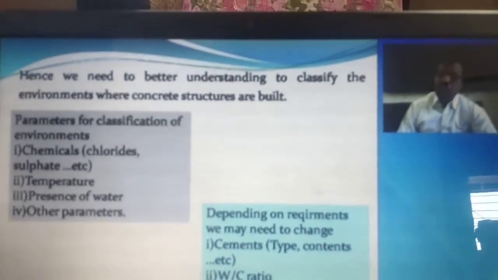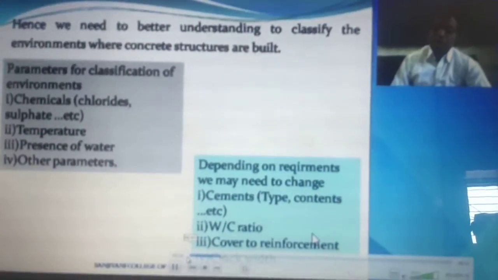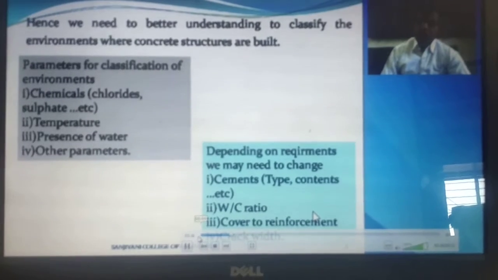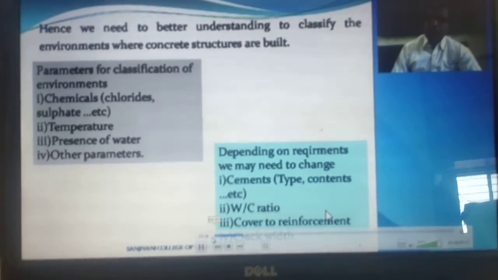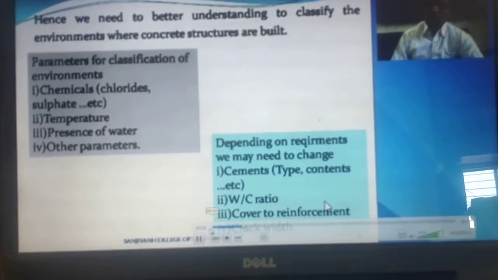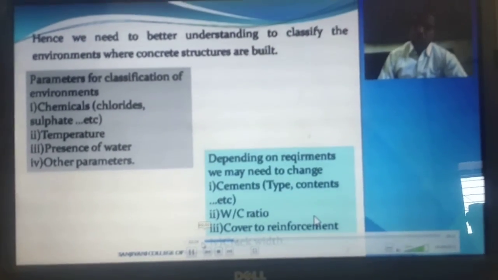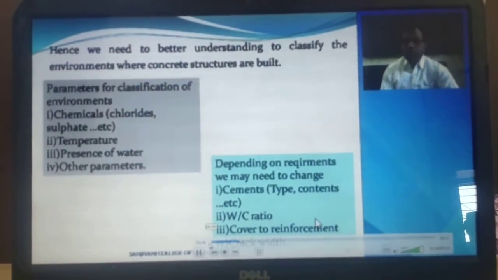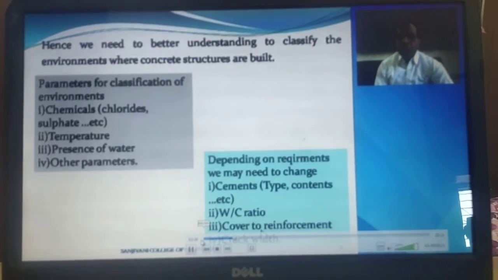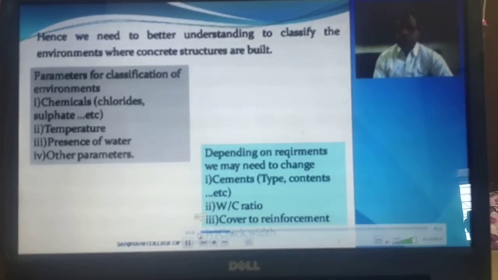When the beam is subjected to flexure, there may be flexural cracks, and these flexural cracks develop when the beam is subjected to loading. Depending upon the crack width, we have to maintain or limit that crack width, so we must consider that also.